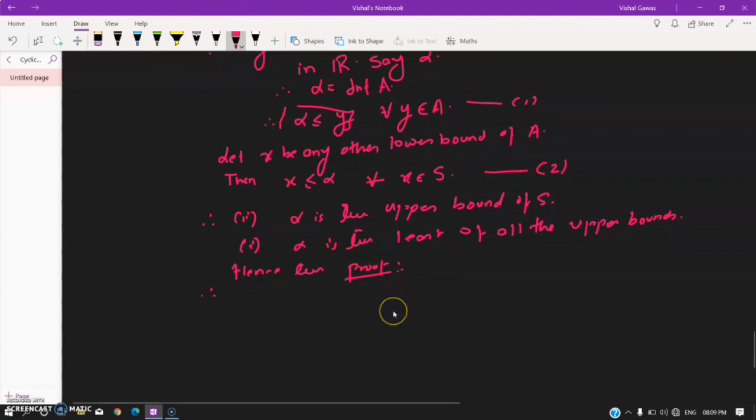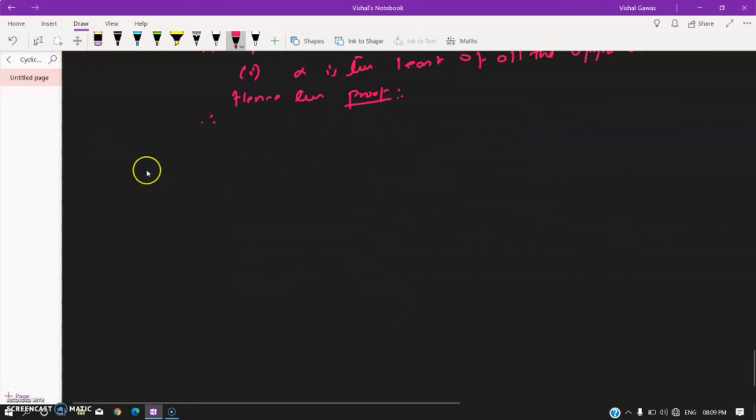So the second part is assuming the order completeness. Let me take some different notation.